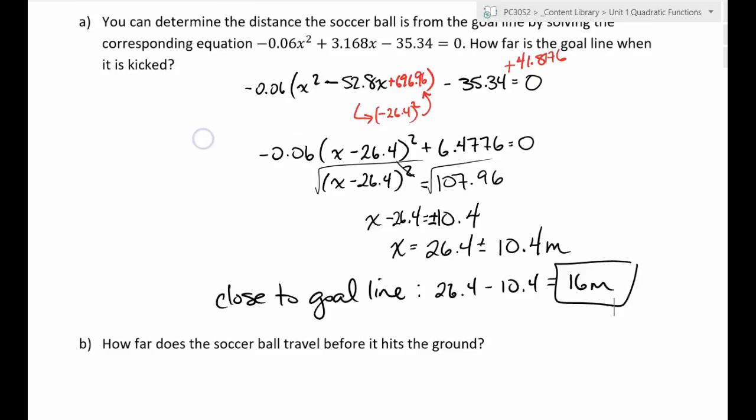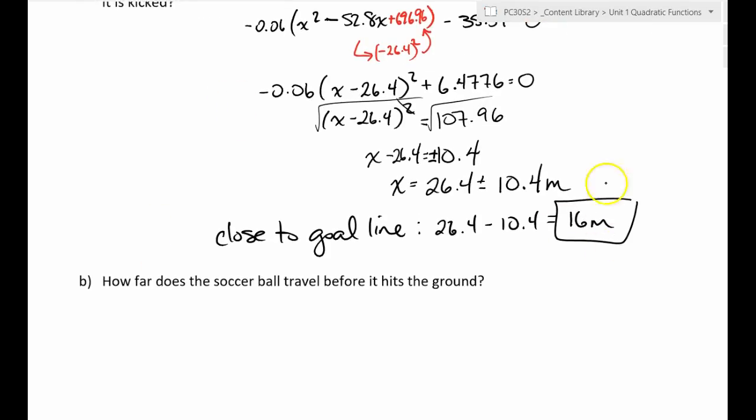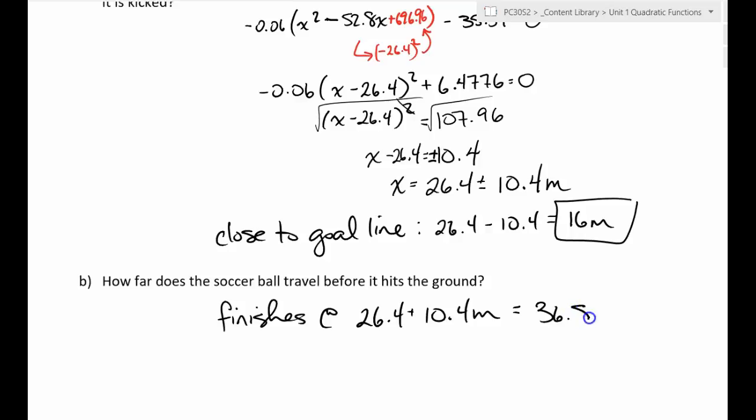How far does the ball travel before it hits the ground? Well, that's going to be the difference between the two. So it starts at 16 meters from the goal line. It finishes at 26.4 plus 10.4 meters, also known as 36.8 meters.